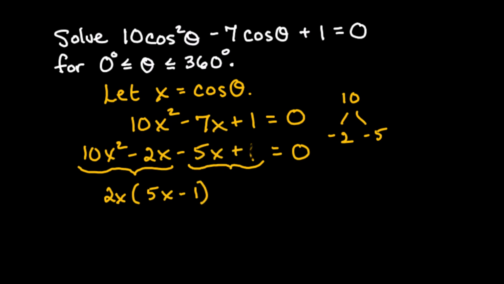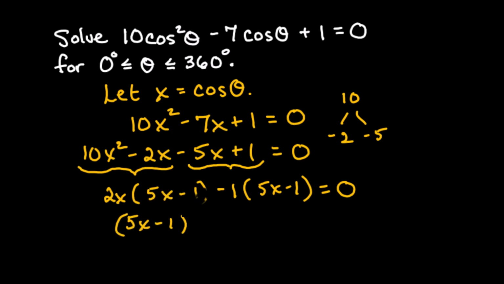With the second two terms, we can factor out a negative 1, and that leaves us with a factor of 5x minus 1. And then we can factor out the 5x minus 1, and that gives us 5x minus 1 times 2x minus 1 is equal to 0.